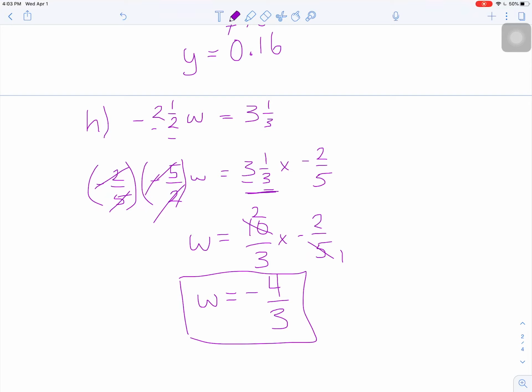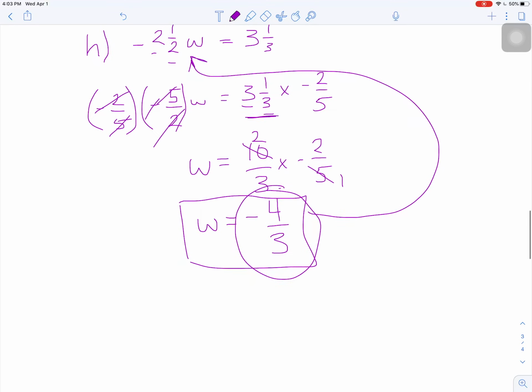So I asked the question, when solving an equation, how can you show that your answer is correct? Well, it's pretty simple. If we substitute this answer into this equation, it's going to give us the answer. And I'm just going to show you for I how that would work.